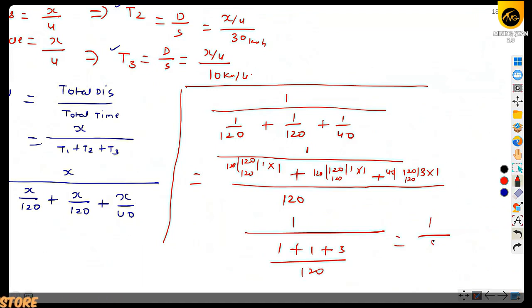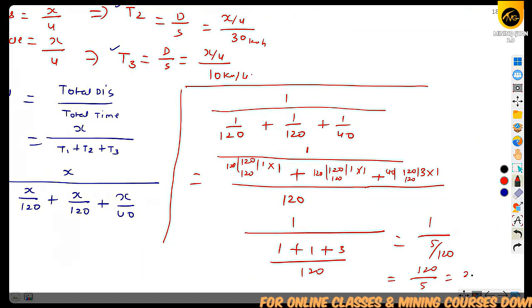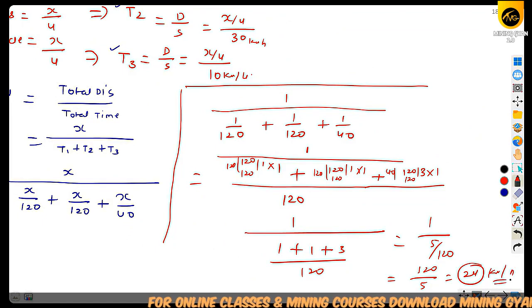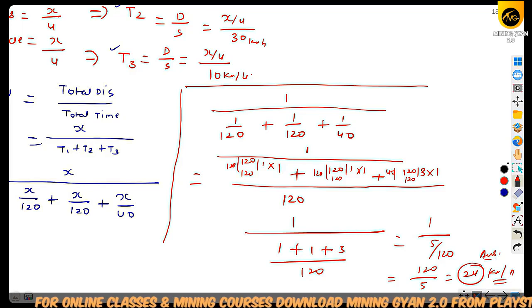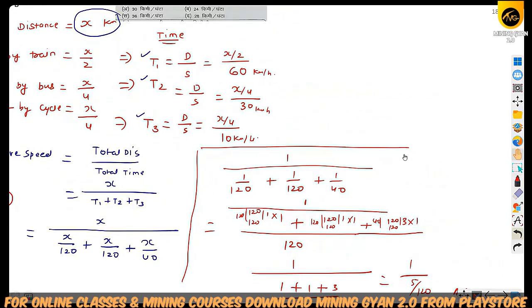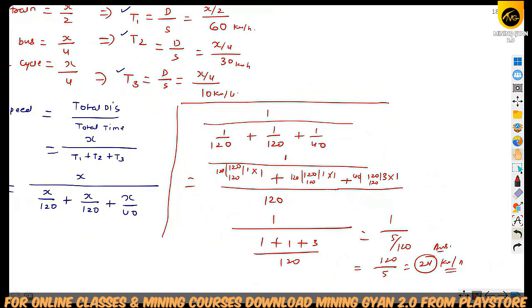Now 120 divided by 5, so it will be 24 kilometer per hour. That is the answer. In this case, option B is the correct answer.